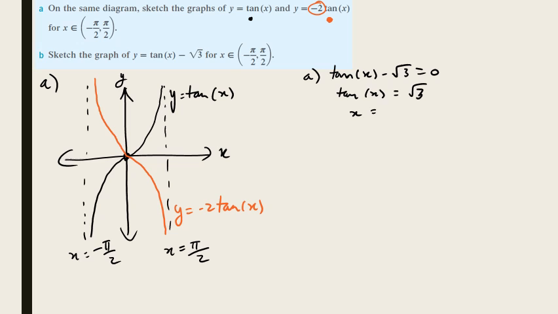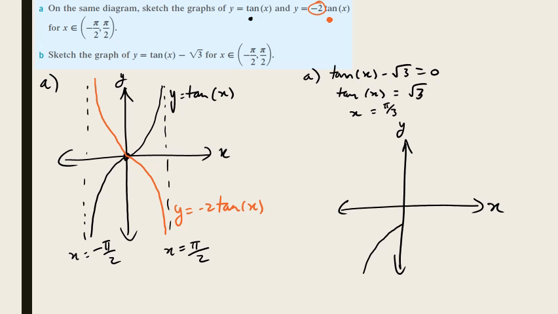And it's equal to square root of 3 when you have pi on 3. So sketch a graph as you have before, but show that it's shifted down. It'll cross over when x is 0 and y is equal to negative root 3, because it's shifted down by root 3. And it goes up to pi over 3 when it crosses.